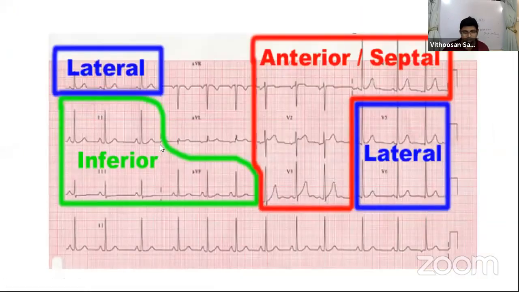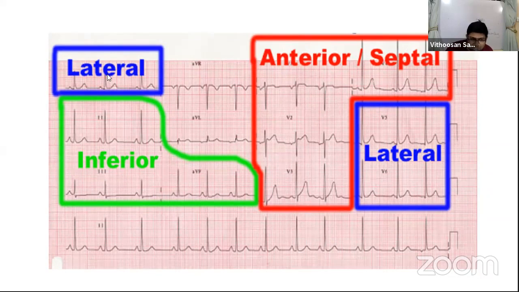Look here. This is how a normal ECG looks like. Don't worry about the lateral and inferior labels. You can see V1, V2, V3, V4, V5, V6.